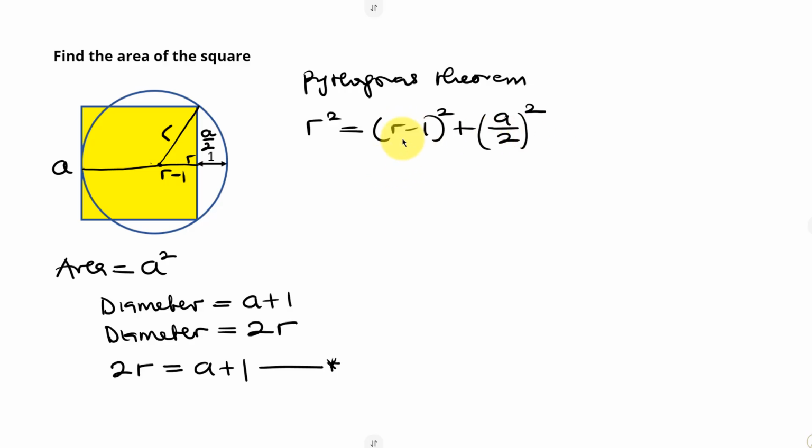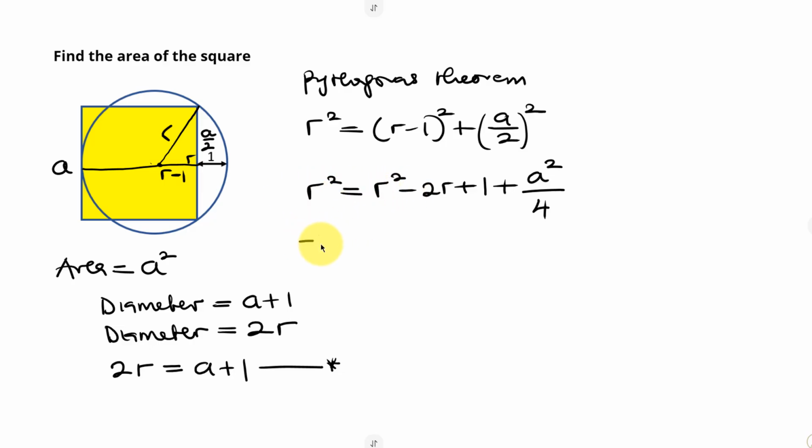Now we're going to be expanding this. So we have r squared equal to the expansion of (r minus 1) squared, which gives r squared minus 2 times r times 1, that will be 2r, plus 1 squared, which is 1, plus, well, we're going to be distributing this power to the numerator and the denominator. So this becomes A squared all over 2 squared, which is 4. Very good. Now we have r squared on both sides of the equation.